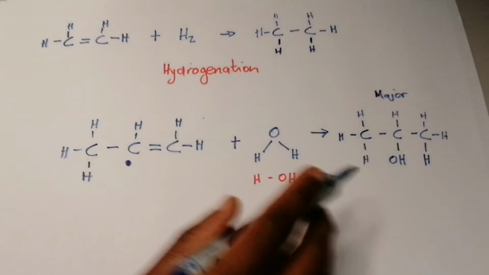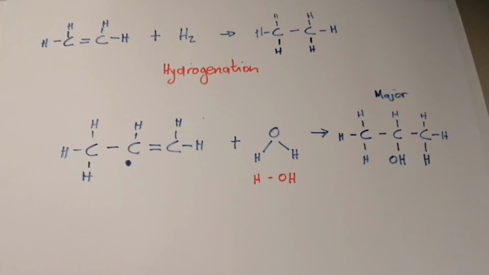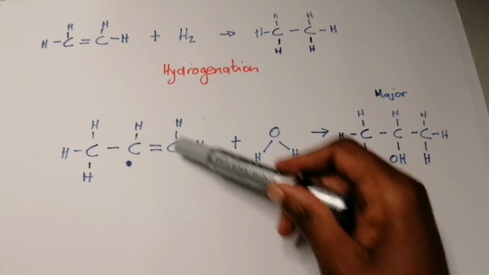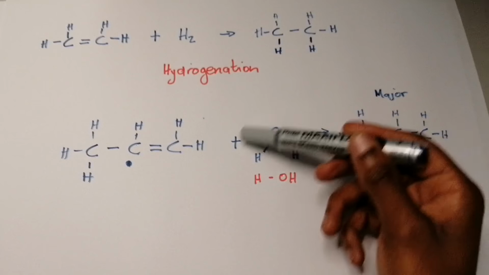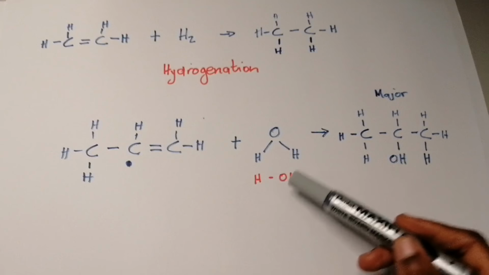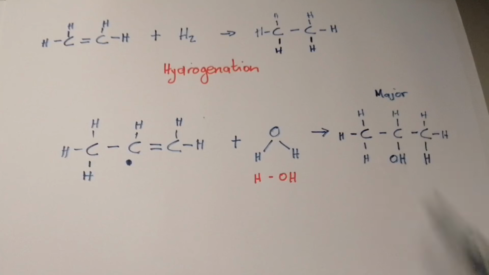By the way, this is one way of forming an alcohol. Can you see that? What we've done is take an alkene and react it with water, H2O, and now it has formed an alcohol, albeit a secondary alcohol for the major product.